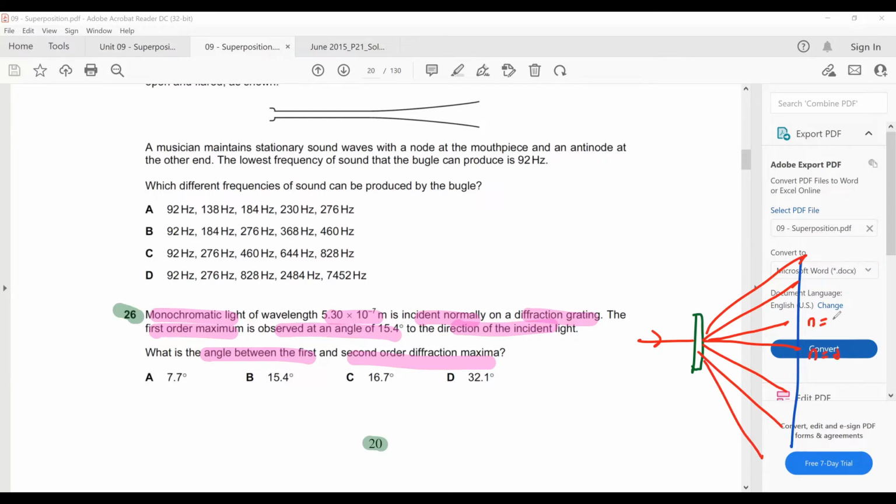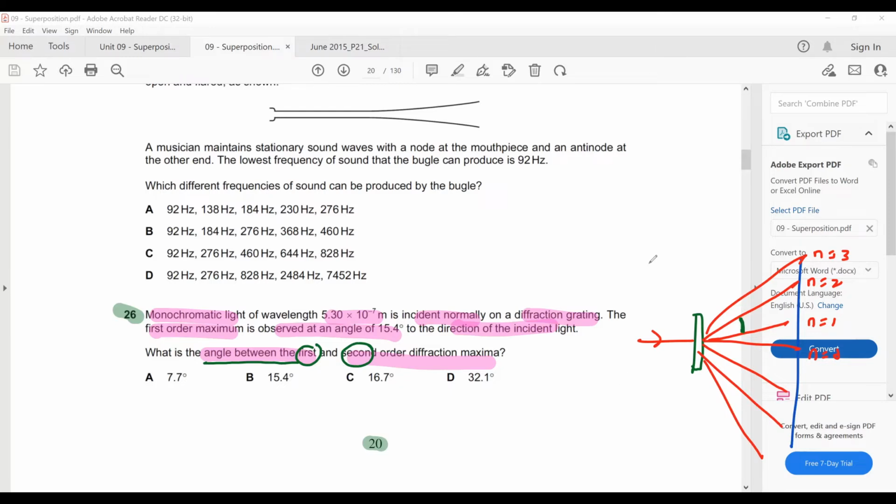N0, N1, N2, and 3. So the question says that they want the angle between first and second. Angle between first and second that they're referring to is this one. Okay.